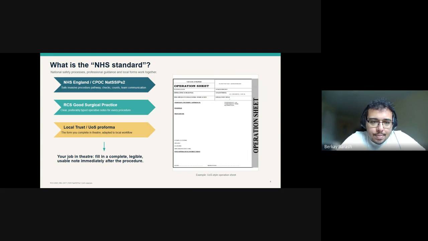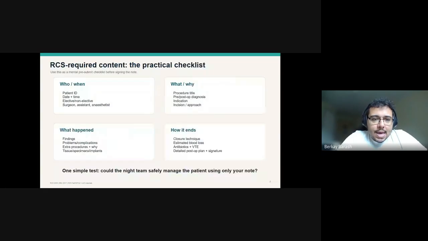And you start by describing what procedures you've seen. This is just an example note that you can see there. Your job in the theater is to fill in the operation note fully. It needs to be legible and usable immediately after the procedure.